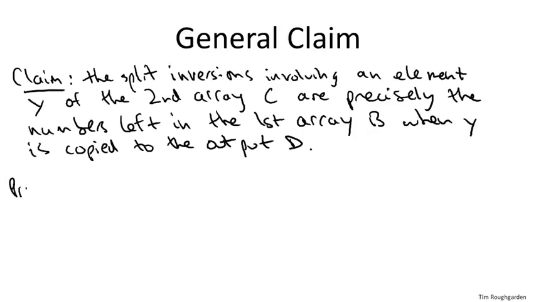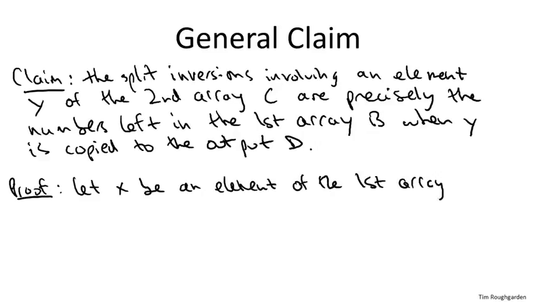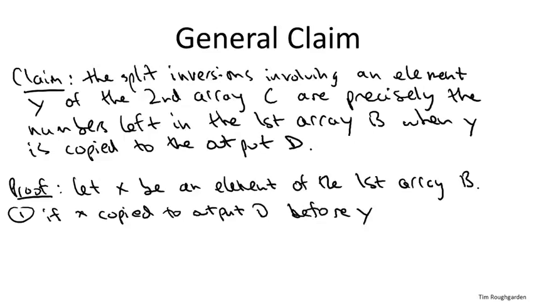So what's the general argument? Well, it's quite simple. Let's just zoom in and fixate on a particular element X that belongs to the first half of the array, that's amongst the first half of the elements. And let's just examine which Y's, so which elements of the second half of the original input array, are involved in split inversions with X. So there are two cases, depending on whether X is copied over into the output array D before or after Y. Now, if X is copied to the output before Y, well then since the output's in sorted order, it means X has got to be less than Y, so there's not going to be any split inversion.